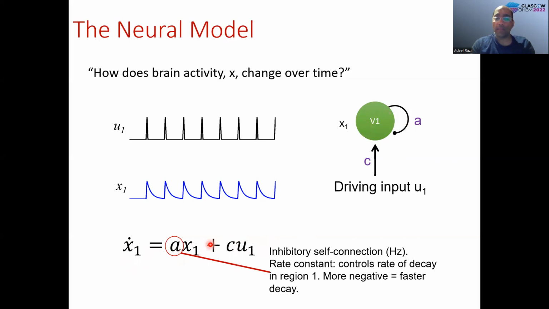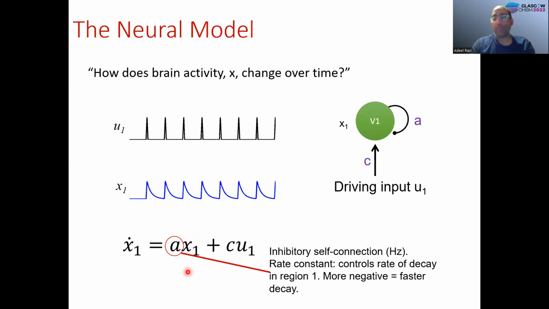If, for example, A is a large negative number, it means there would be very fast decay. And if A is not as big, then this decay would not be very fast. It would be a very slow decay.